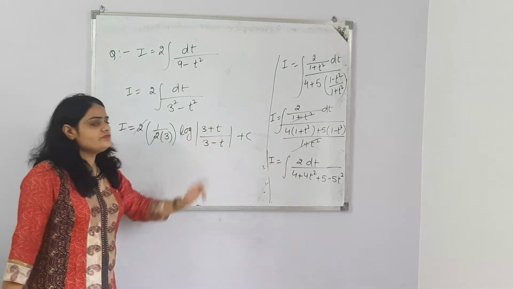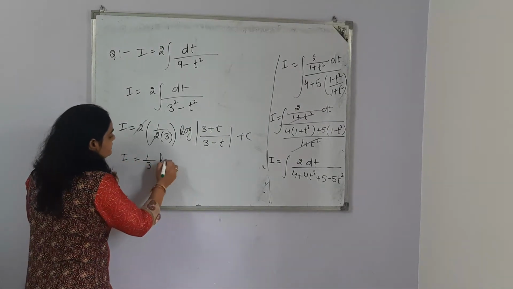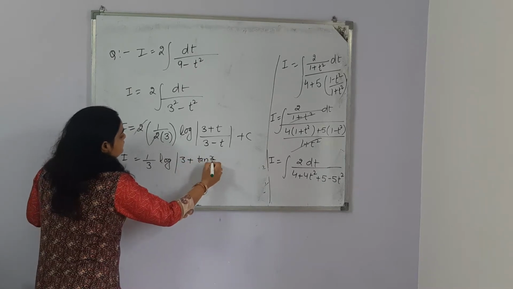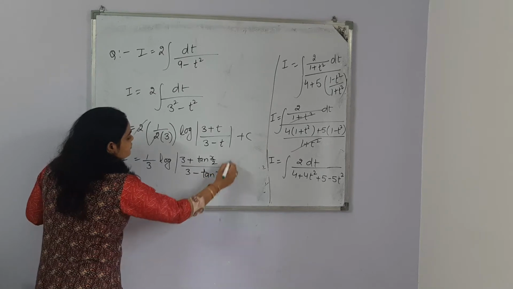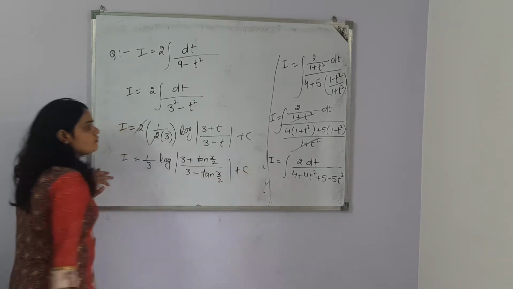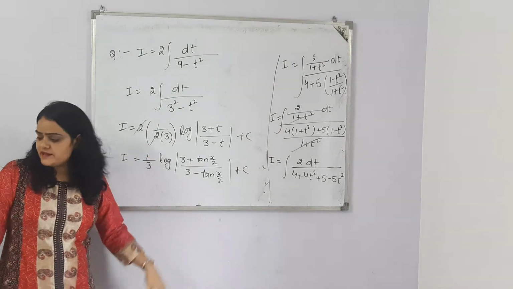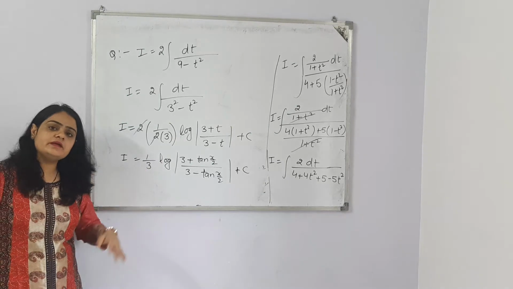Here, what is the value of t? t is tan x by 2. Now you can substitute the value: 1 by 3 log of 3 plus tan x by 2 whole upon 3 minus tan x by 2 plus c. Hope the question is clear. It was in the form of 1 upon a plus b cos x.